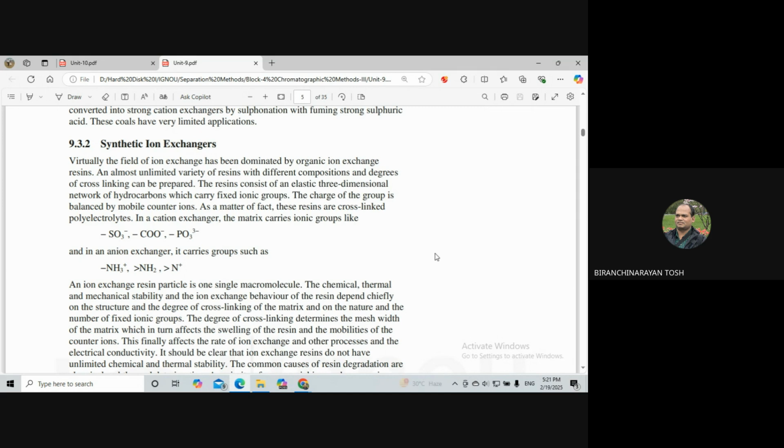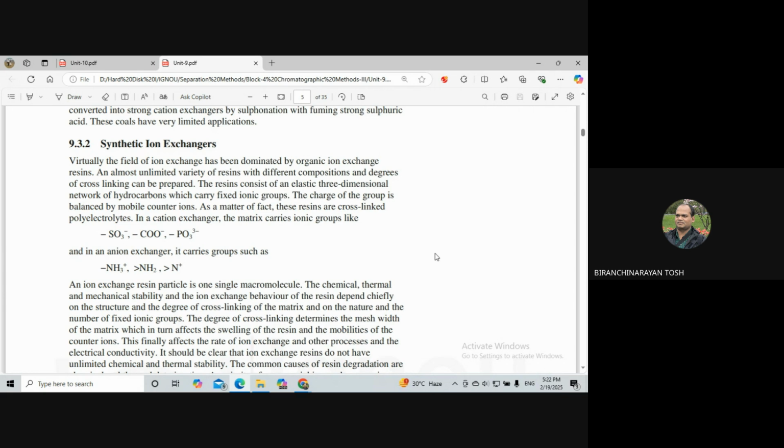In a cation exchanger, the matrix carries ionic groups like sulfonate, carboxylate, and phosphonate, and in an anion exchanger, it carries groups such as ammonium, NH3+, NH2, that is secondary amine, ammonium, and also tertiary ammonium.